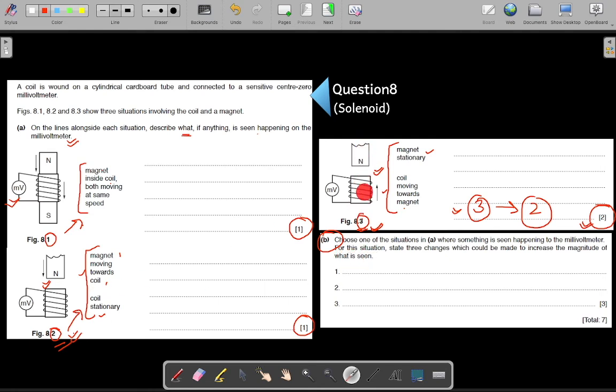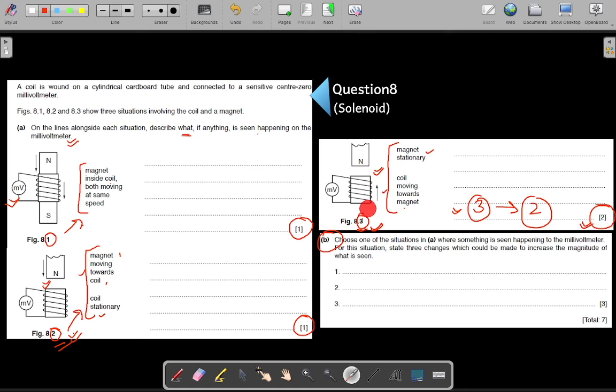Let us choose the third situation. You want to increase the magnitude of the deflection. So what can you do? Think about it. You can increase the speed of the relative motion. That's one thing. Use a stronger magnet. That's another thing. Increase the number of turns in the coil. That's another thing that you can do.